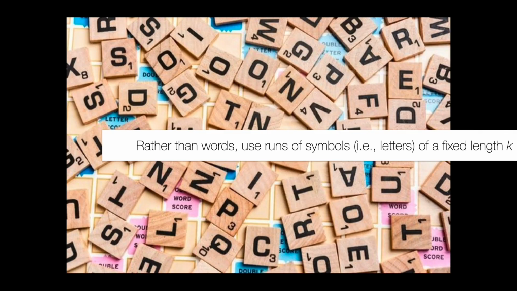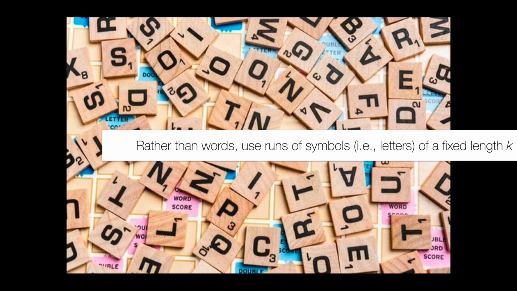So our book, Mining of Massive Datasets, has a different approach to this, where we say, well, let's not care about the meaning of the word. Let's instead use runs of symbols, because ultimately maybe we have no real understanding of what any of these words mean. So we can just look at runs of symbols, or letters, or numbers, these different grammatical symbols or syntactical symbols in language.